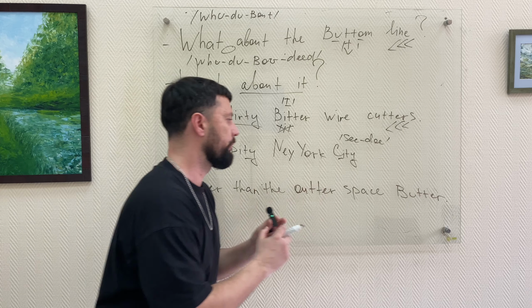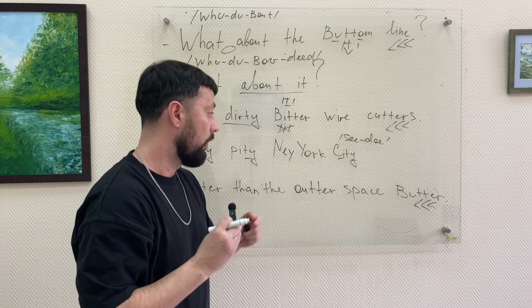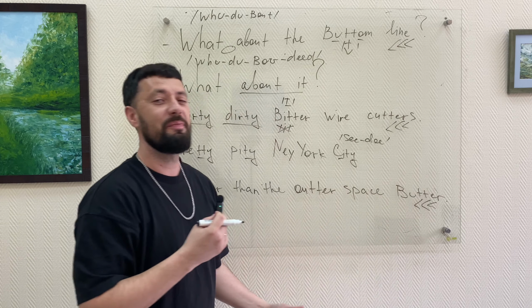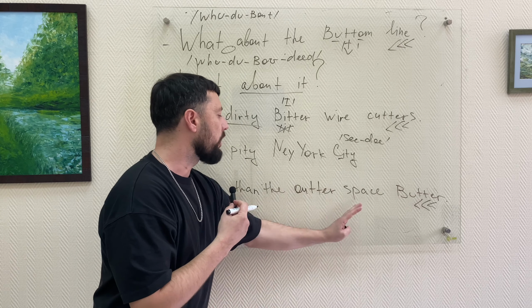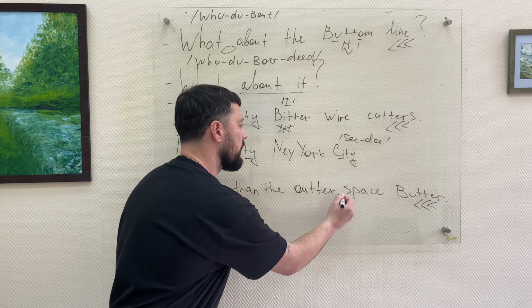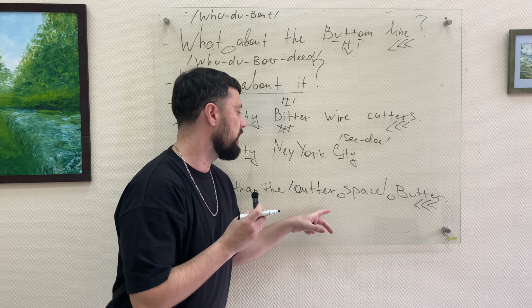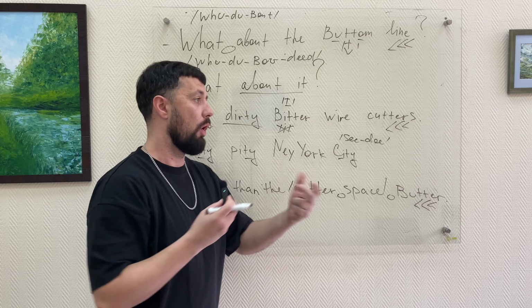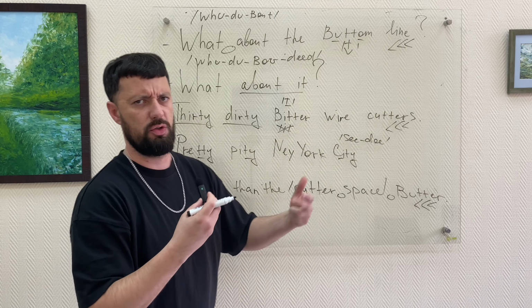So let's get going. Again, backward sentence. Come on, follow me here. Butter, space butter, oh my God. Space butter, outer space. Now we need to, again, connect everything together. And most of the time you can hear this connection of outer space as if it was one word, everywhere you look, maybe YouTube or some articles you're reading about space.